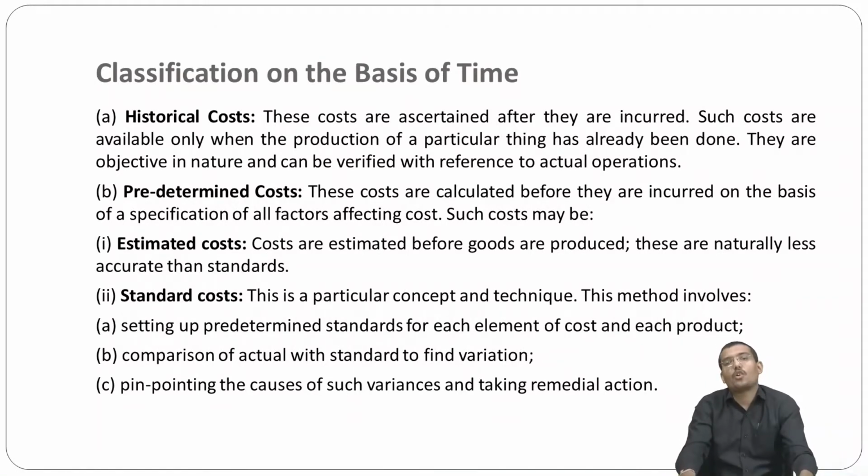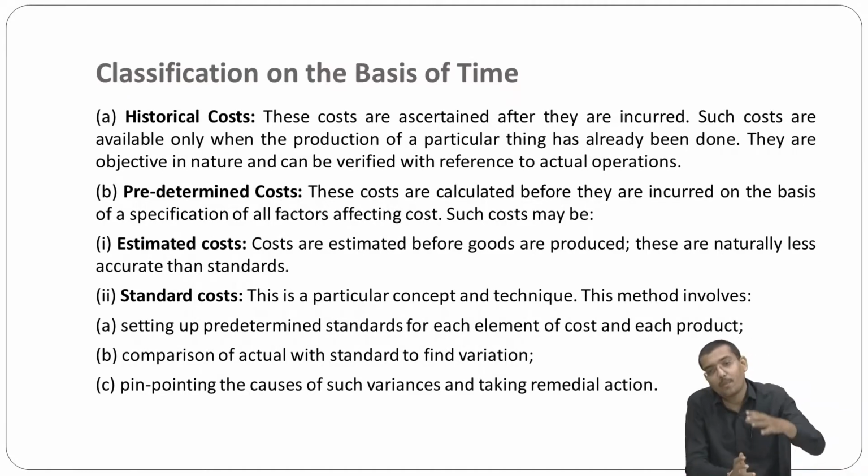The historical cost: these costs are ascertained after they are incurred, and such costs are available only when the production of a particular thing has already been done, and they are objective in nature and can be verified with reference to actual operations. This is called, my dear friends, historical cost.